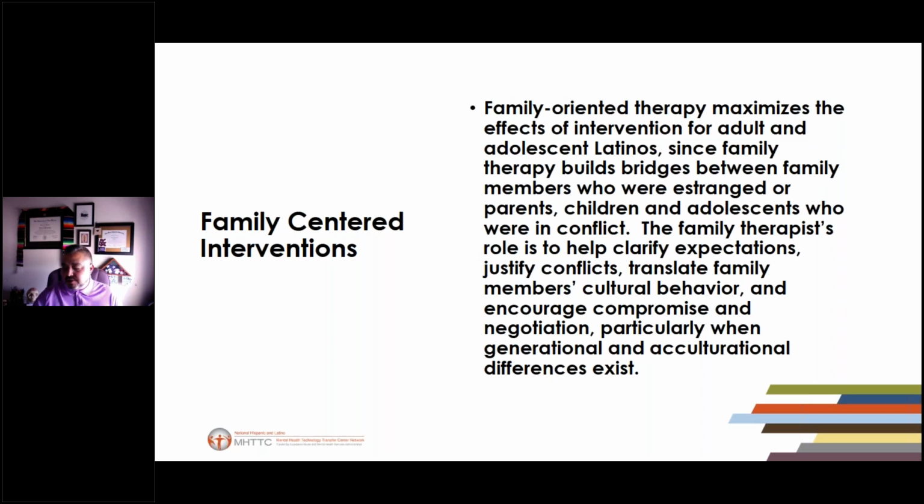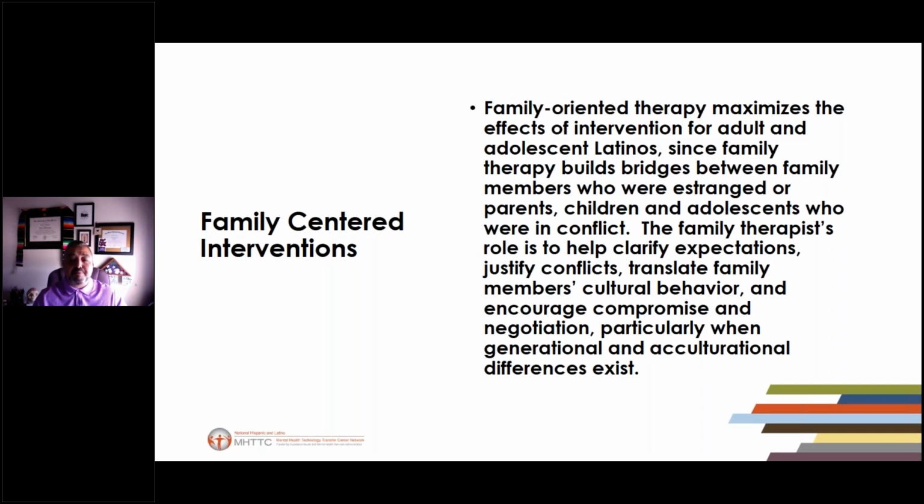So family-centered interventions, again, these really focus on maximizing interventions relative to the communication, relative to building bridges, reconnecting estranged members of the family. Like I said, maybe there's a break where mom or dad, depending on the situation and who can get work and who can be most productive as they immigrate to the United States.